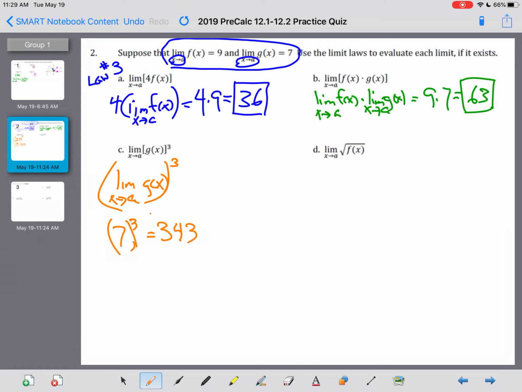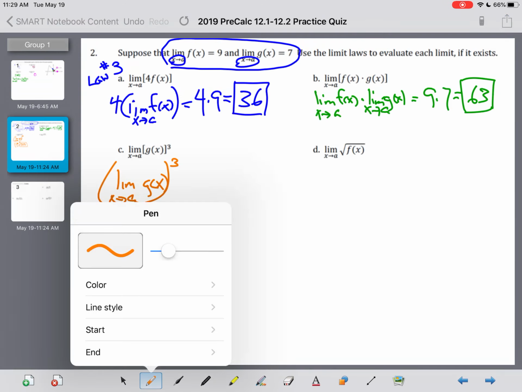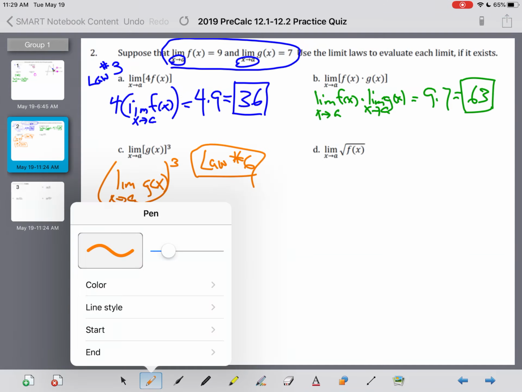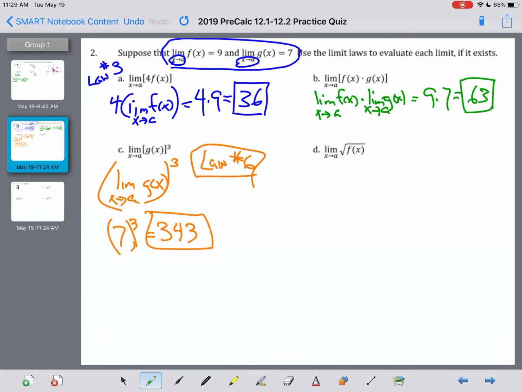Yep, that is correct. Oh, and the power law is law number 6. And this one here was the product, so this is law number 4.